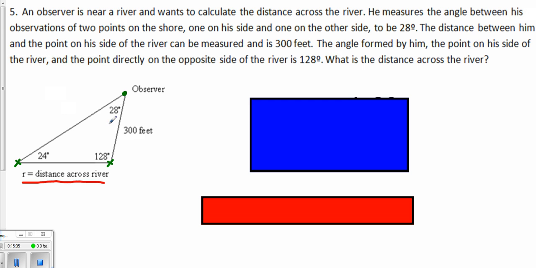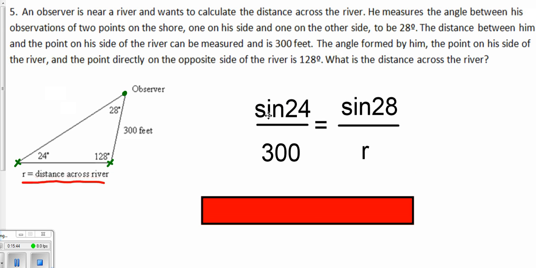Well, now that we have all three angles and one of our sides, we can just use the law of sines to find out the distance across the river. So the sine of 24 matches up with 300, 24 and 300 right here, equals the sine of 28, which matches up with r.